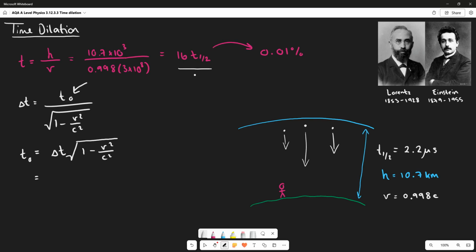We need to use the other time calculation in here, which is 16 half-lives.